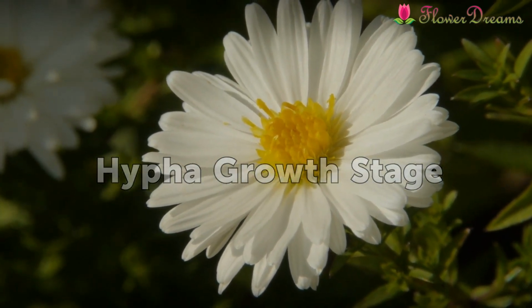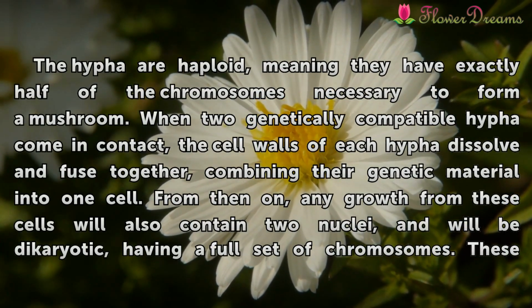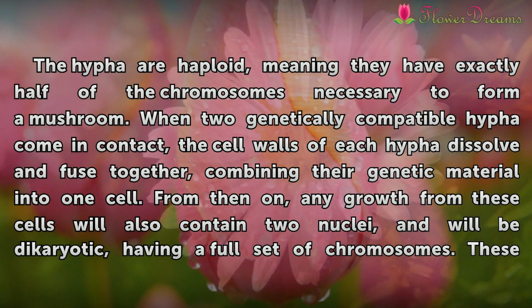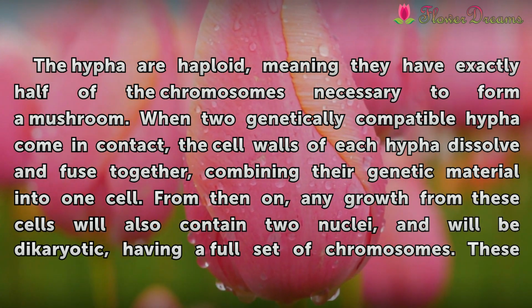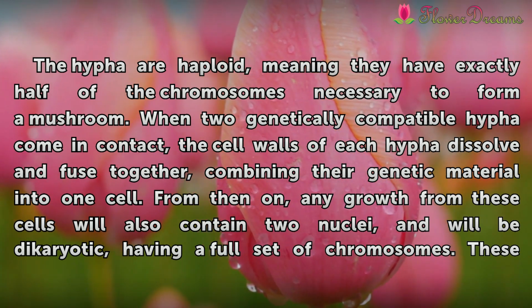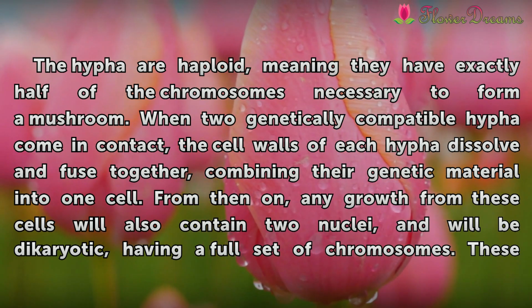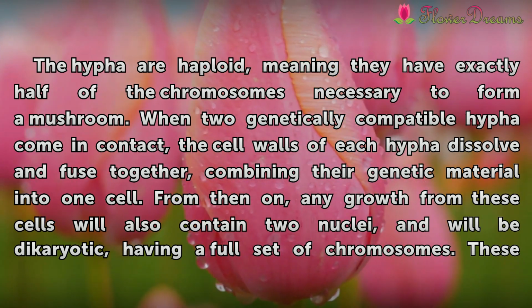Hypha growth stage. The hypha are haploid, meaning they have exactly half of the chromosomes necessary to form a mushroom. When two genetically compatible hypha come in contact, the cell walls of each hypha dissolve and fuse together, combining their genetic material into one cell.